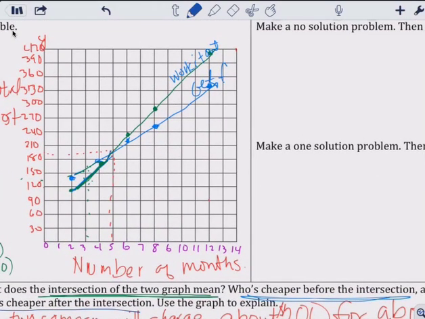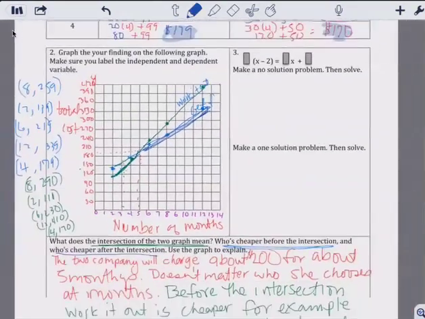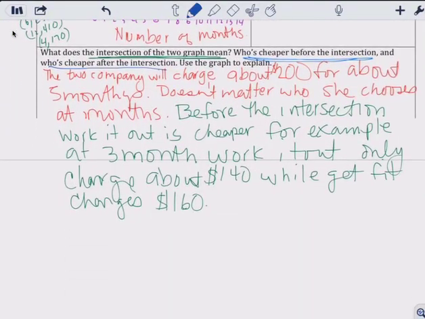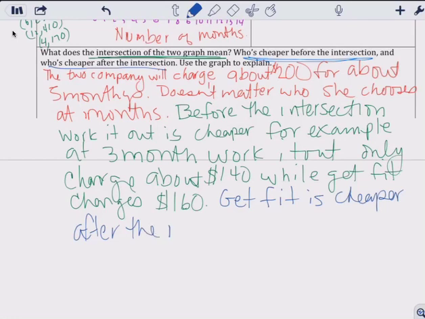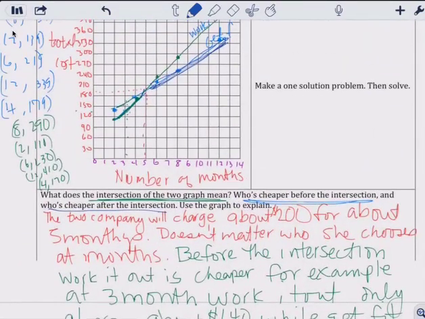So afterward, we start out with Work It Out, then Get Fit is below, so Get Fit is cheaper after the intersection. For example, okay, let's see.